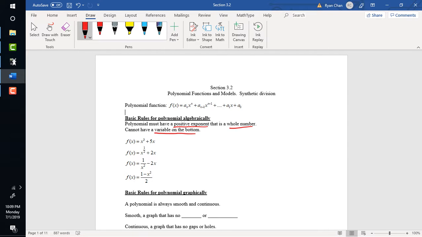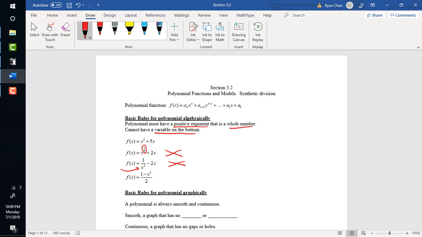So this one here is not a polynomial. Why is that? Because I have an x on the bottom. This one here is not a polynomial because I do not have a whole number as an exponent. So you cannot have things like that.